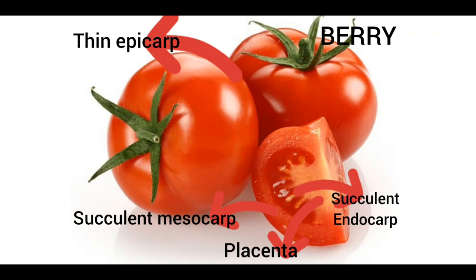The difference between a berry and a drupe is that the endocarp of a berry is not hard and stony, but is fleshy, soft, and succulent. Examples of berry, a fleshy fruit, are orange, pawpaw, tomatoes, pepper, melon, and guava.